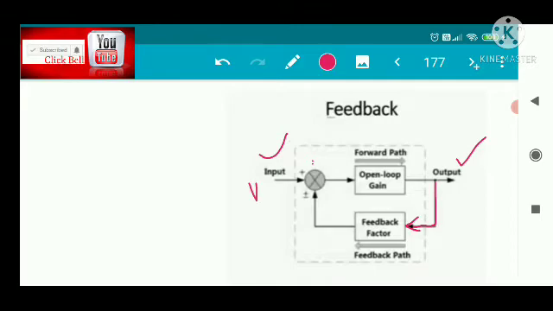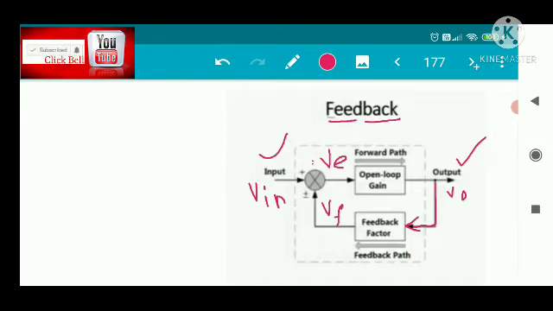So this is the input, and this is an error signal generated from there, V. This is the forward path, there is open loop gain, and this is the output voltage V0. And this is the VF, feedback signal. As I have said, feedback means two terms, feed and back, a portion of the output fed back to the input.